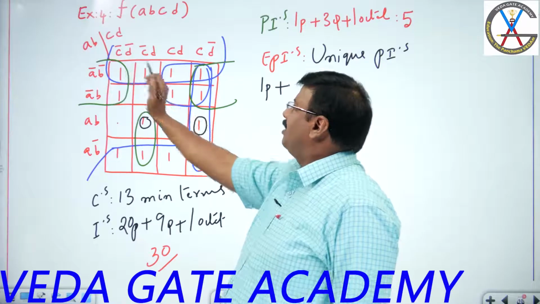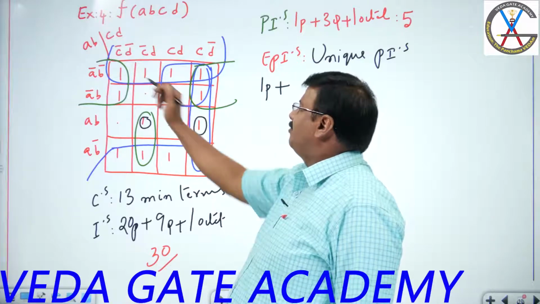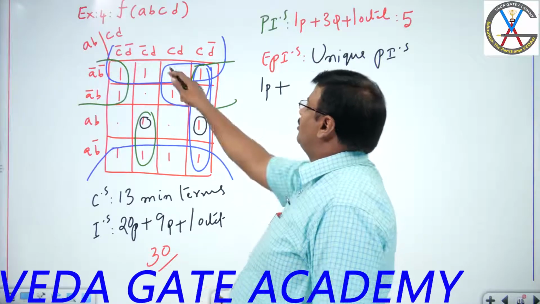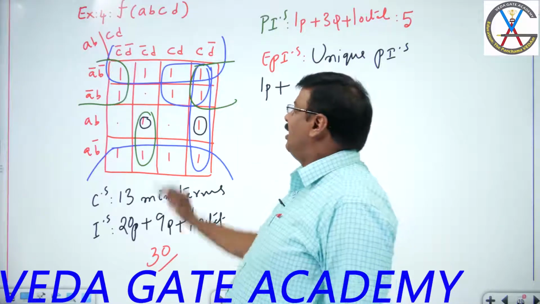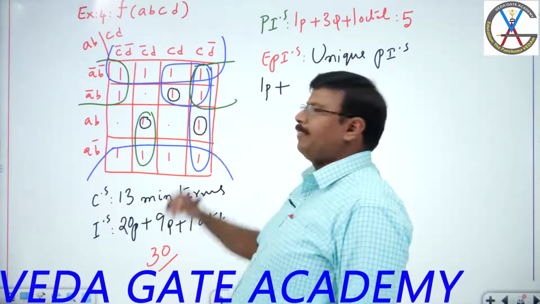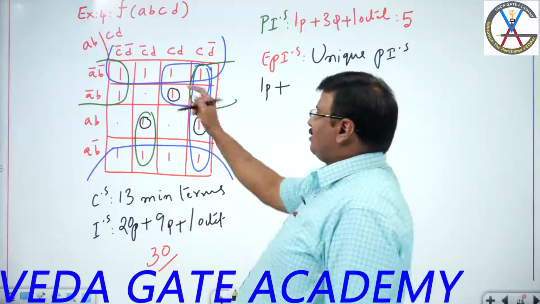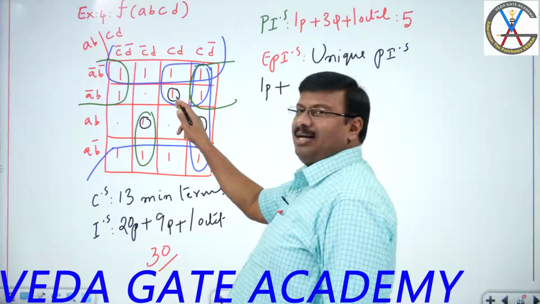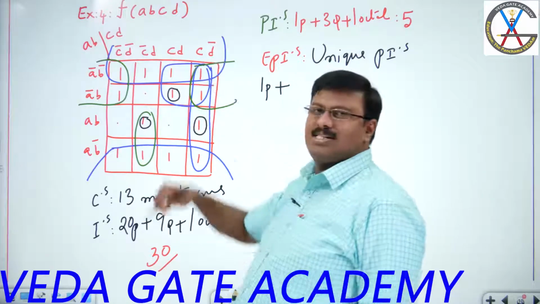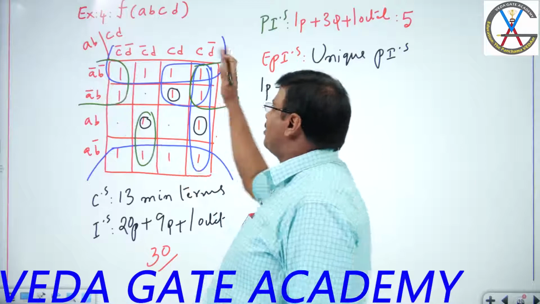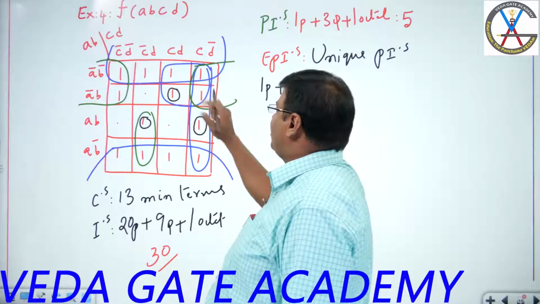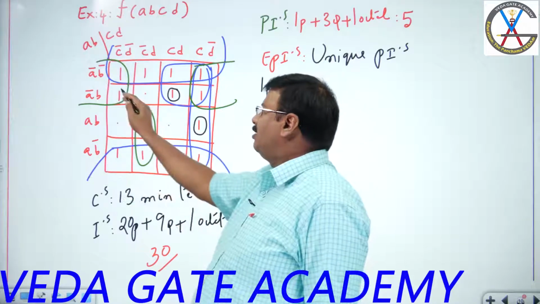I can have a quad like this, like this, like this. These 3 have other options except this. Correct? This doesn't have another option. So this is unique here. Because of this, this complete quad is unique. Similarly, the left and right one: this is not unique, this is not unique, this is not unique, this is unique.